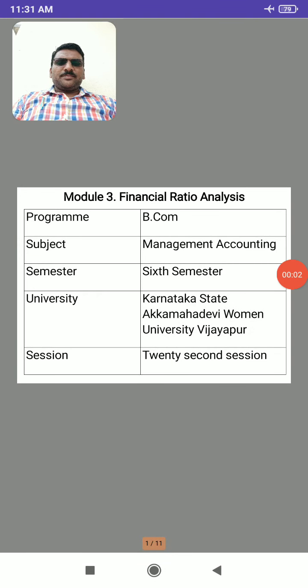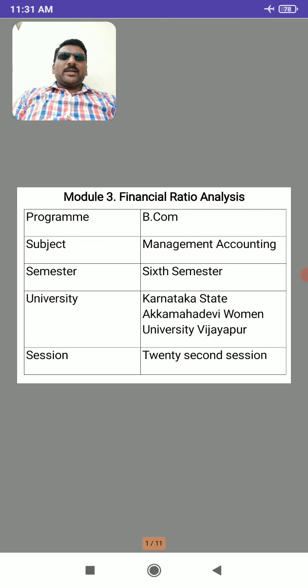Good morning, students. In the last sessions, we have seen ratio analysis and the categories of ratio analysis. In the last session, we saw how the current ratio is calculated. Next, the liquidity ratios, that is the quick ratio or acid test ratio, and also the absolute liquid ratio.